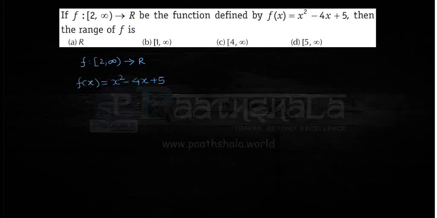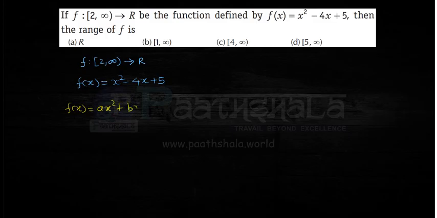Here, the function we are dealing with is quadratic in nature. So it has the form f of x equals ax square plus bx plus c, where a is equal to 1, b is equal to minus 4, and c is equal to 5.